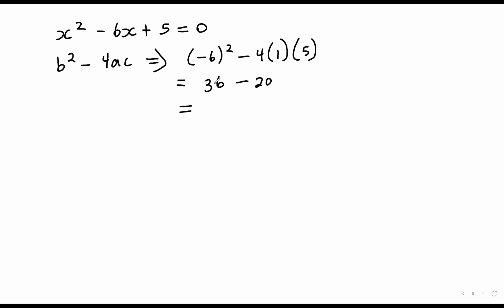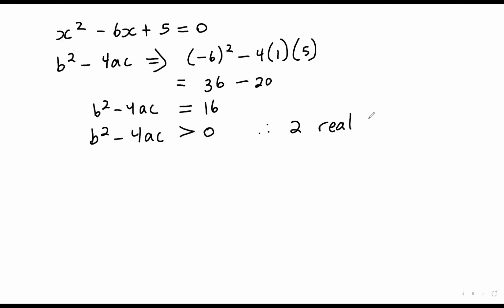So here the discriminant is 36 minus 20, which is 16. Since b squared minus 4ac is greater than 0, you have two real roots, which we saw when we solved that previous quadratic.